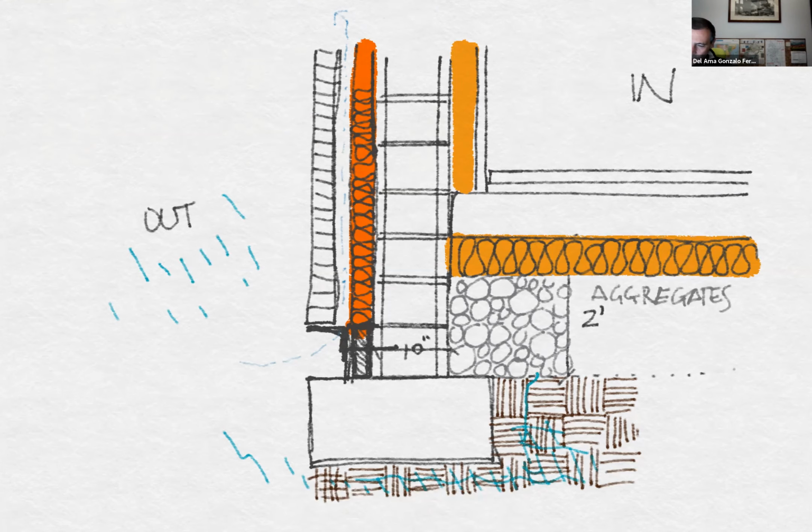So it goes up through capillarity. If water finds these spaces between aggregates, so it doesn't go up. If we had compact soil, the water would go up that way. Okay, so that's why we need aggregates, because we have air cavities between two different stones, so that water cannot go up.